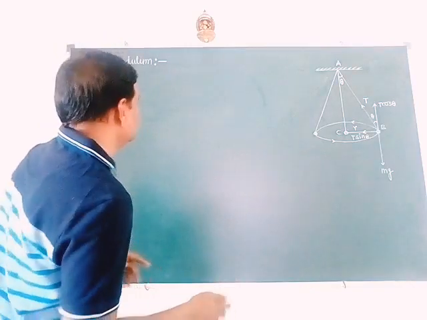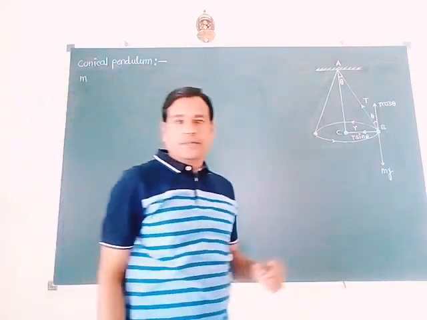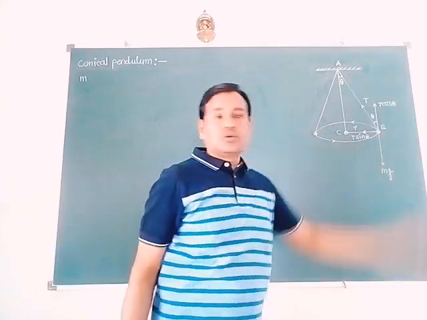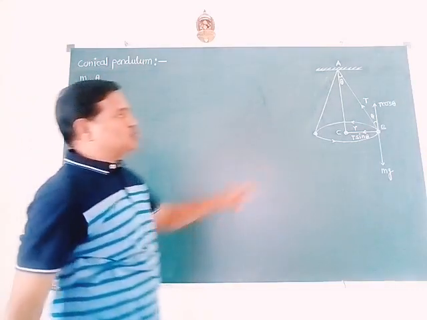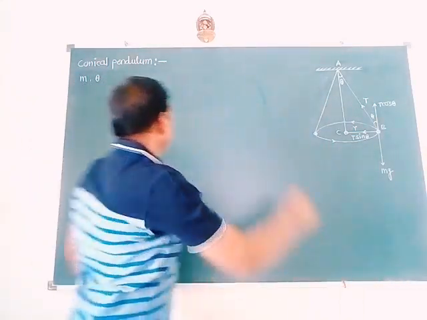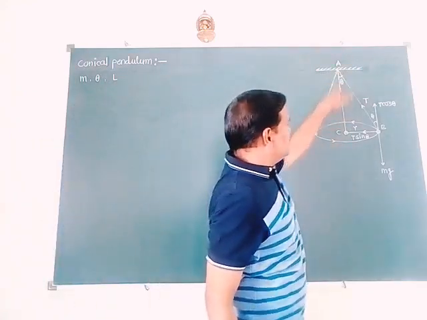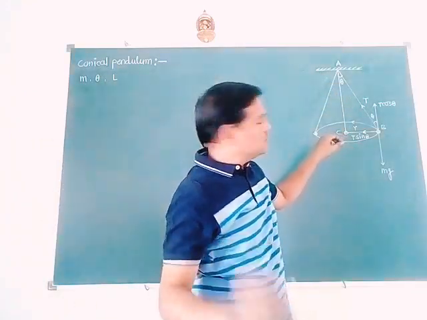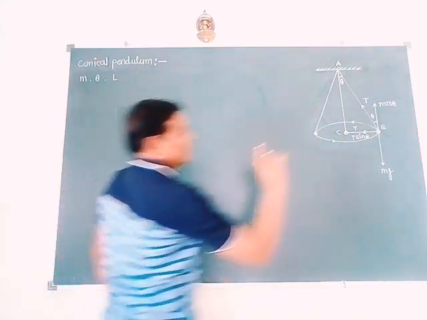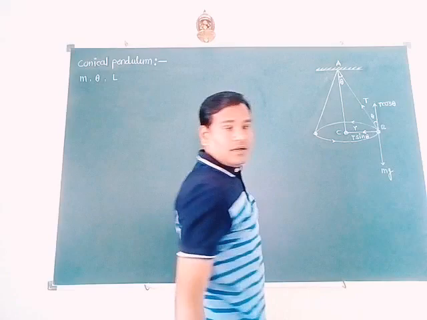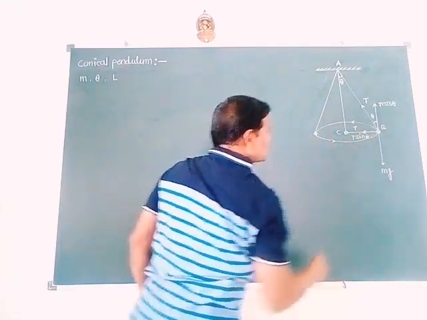Here we can consider that small m is the mass of the bob, which is displaced through a small angle theta from its vertical position. Capital L is the length of the string connected to this metal bob. If it is displaced through a small angle and pushed in the horizontal direction, it performs a horizontal circle.